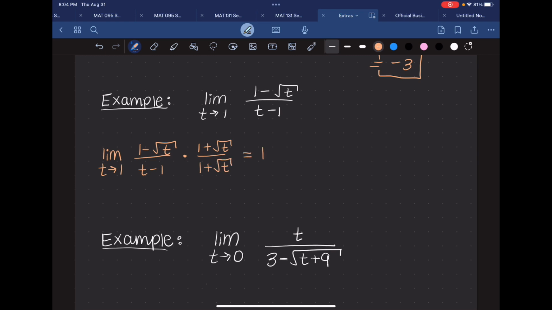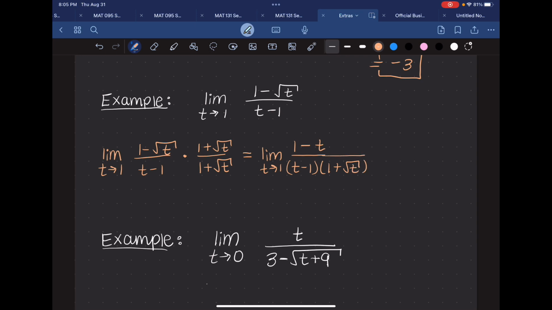And here, in the numerator, we get 1 times 1 gives us 1. And then our 1 times square root t and then 1 times negative square root t are going to end up canceling, and then we get 1 minus square root t squared, which gives us 1 minus t. And then in the denominator we have (t minus 1)(1 plus square root t).